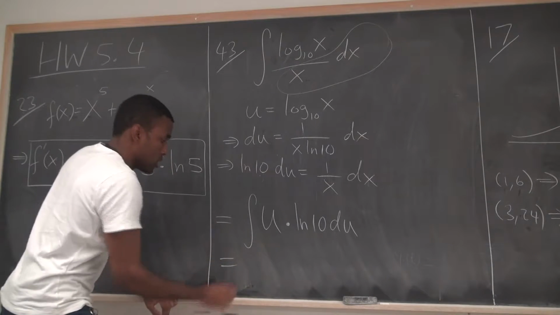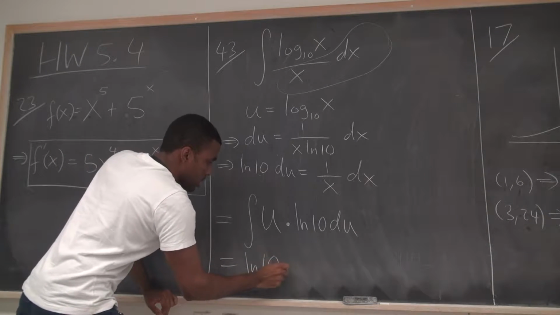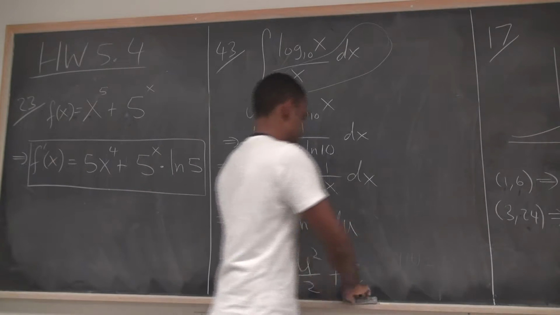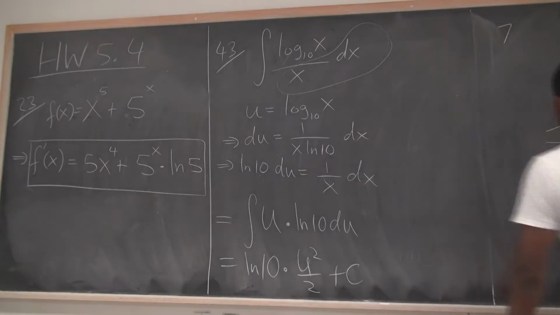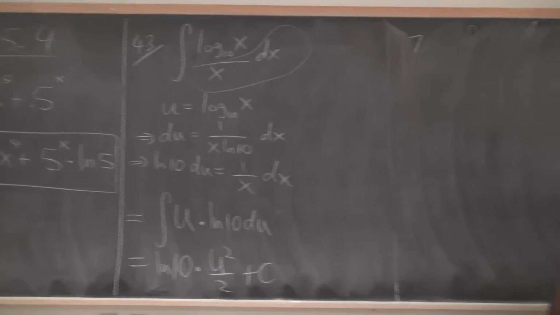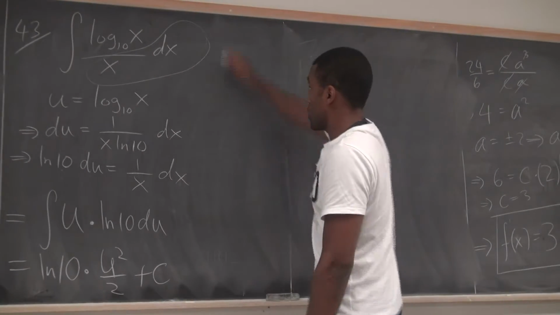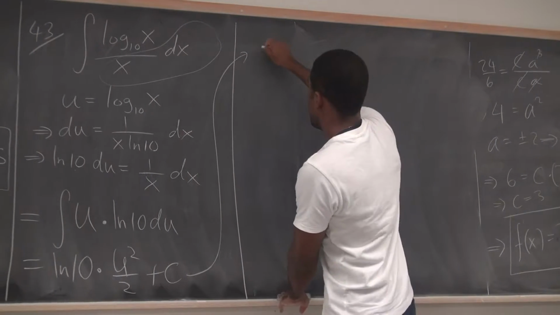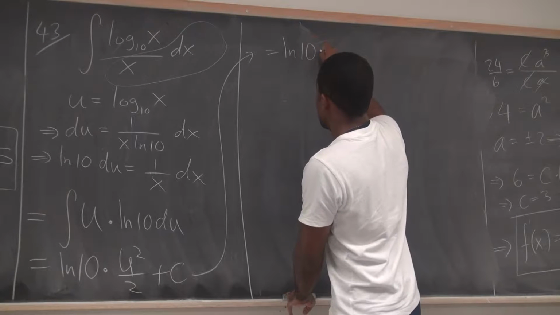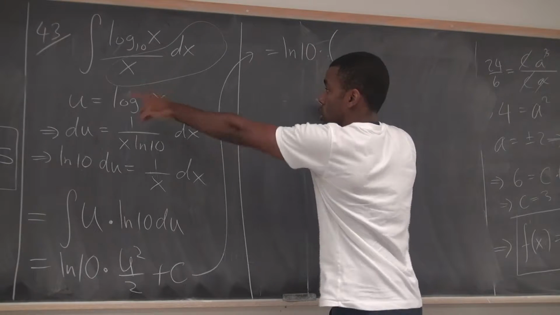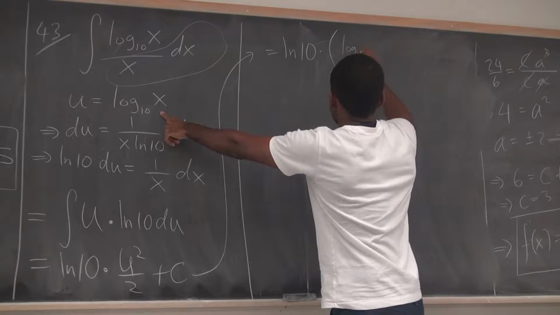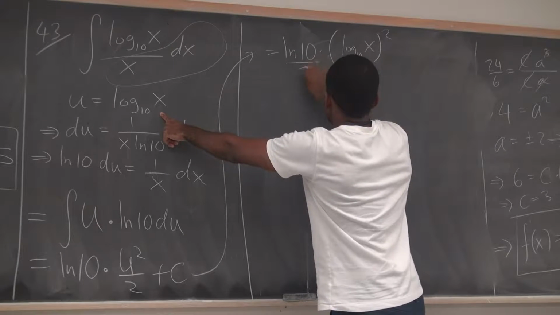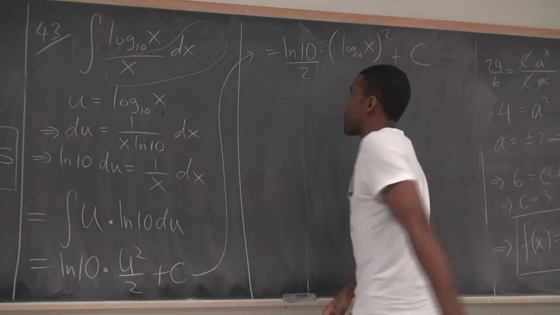And so this is just ln 10 times u squared over 2 by the power rule. And so we have ln 10 times our u, log to the base 10 of x, squared over 2, and that would be the answer.